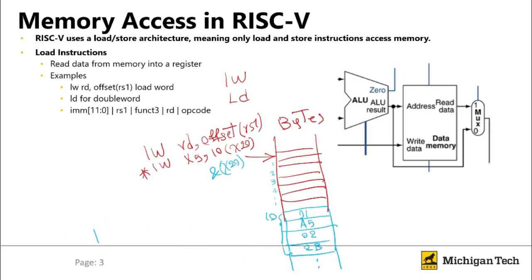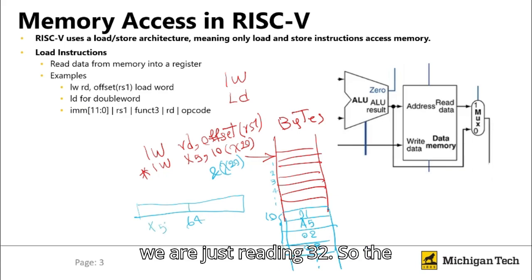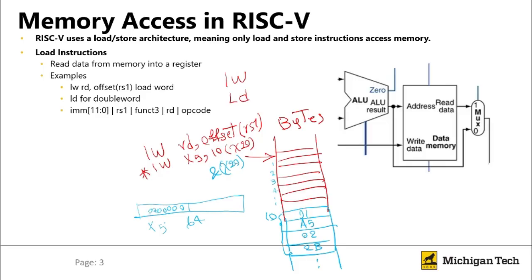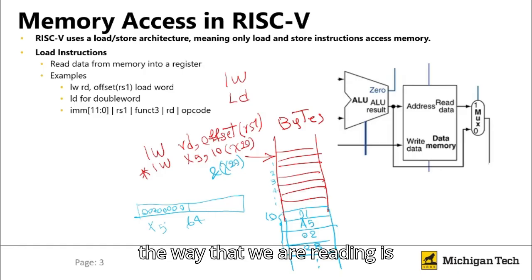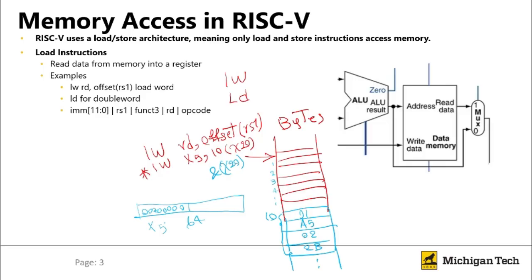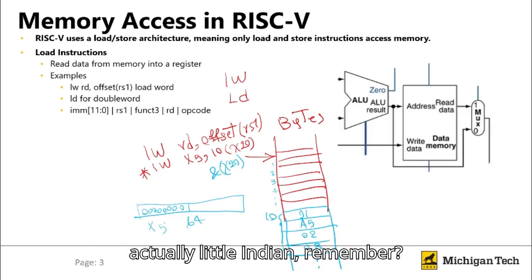But x5 is 64 bits. We are just reading 32, so the rest is 0. And the way that we are reading is actually little endian, remember?